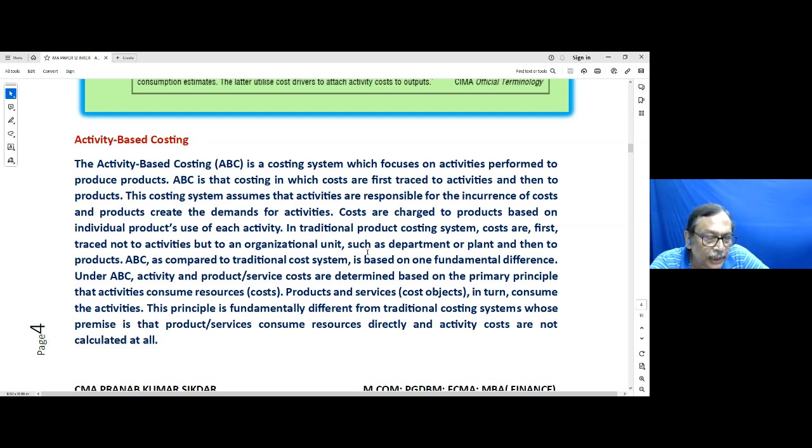This principle, again I repeat, is fundamentally different from traditional costing systems, whose premise is that products or services consume resources directly and activity costs are not calculated at all. But ABC takes this into account.